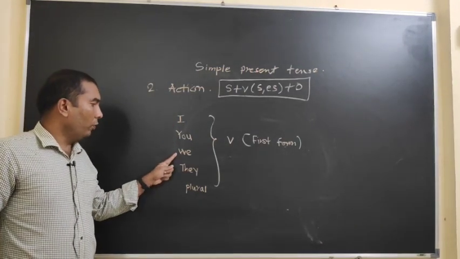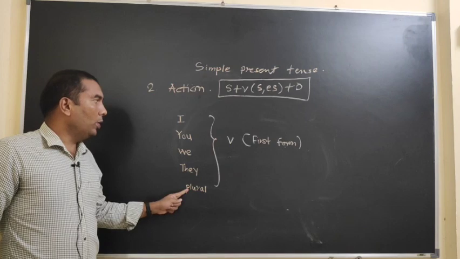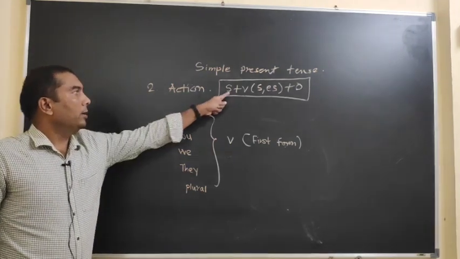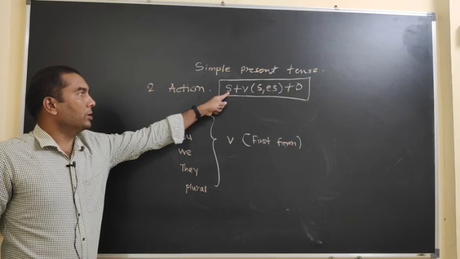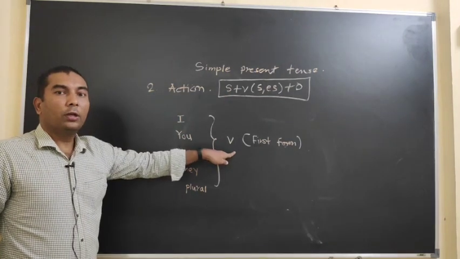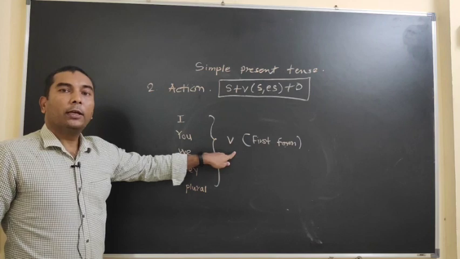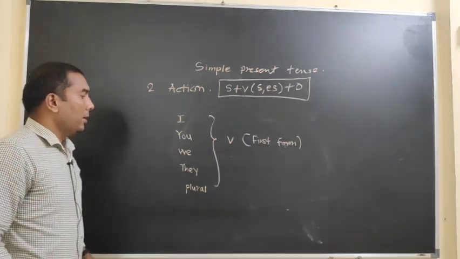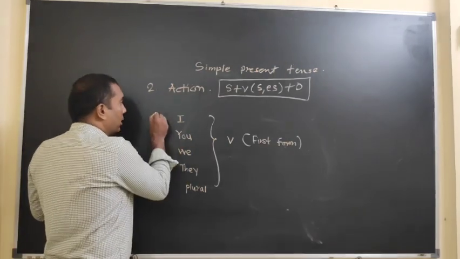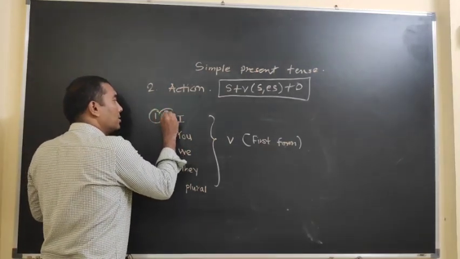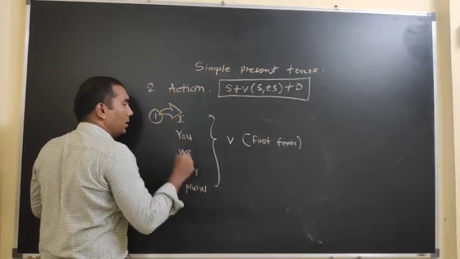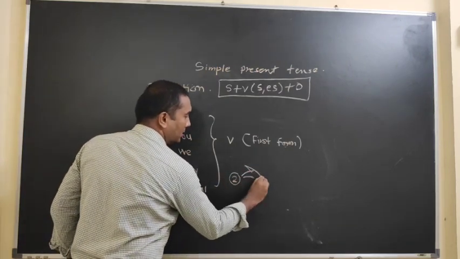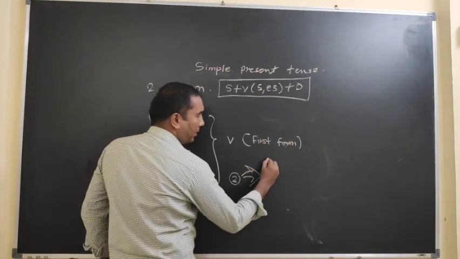I, you, we, they, and plural nouns will be here at the place of a subject. Then we have to use the first form of the verb in the simple present tense action formula. Now the second thing: this is the first one, and in the second formula we can use this type of structure.